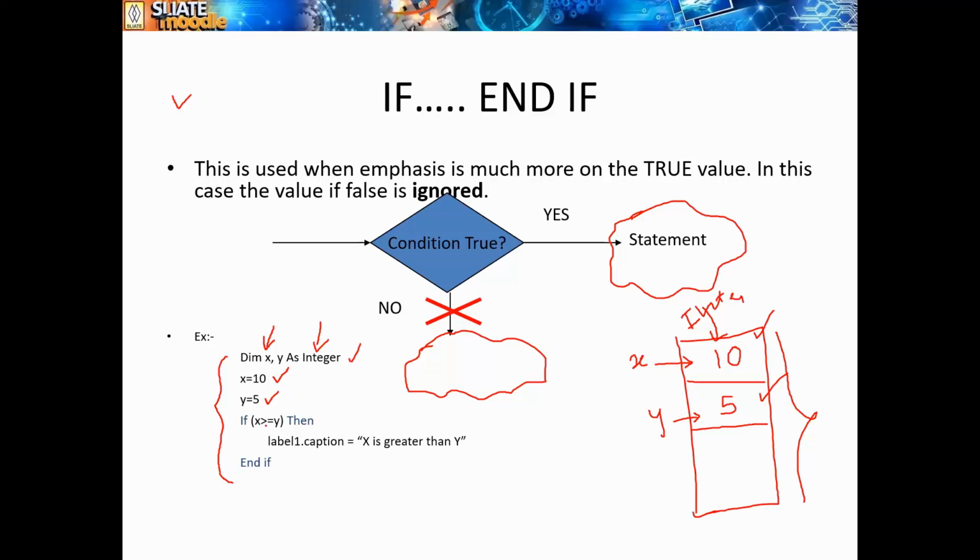Remember that, right? You can't have anything other than a condition, because if will always check a condition. So if the condition is true, then the things you want to do will be given here. End if means you are going to finish whatever things you have to do while the condition is true.